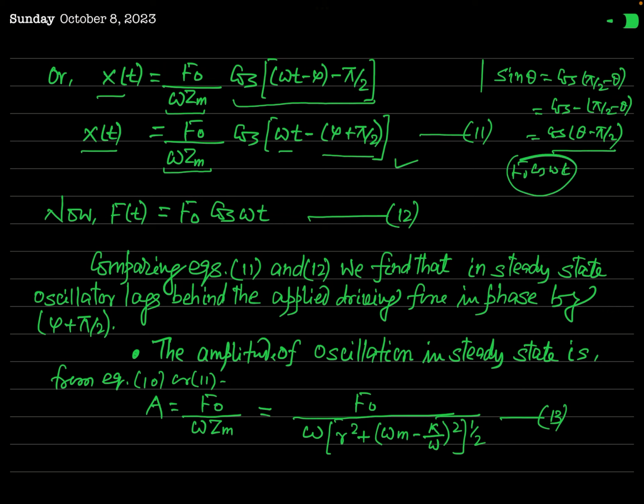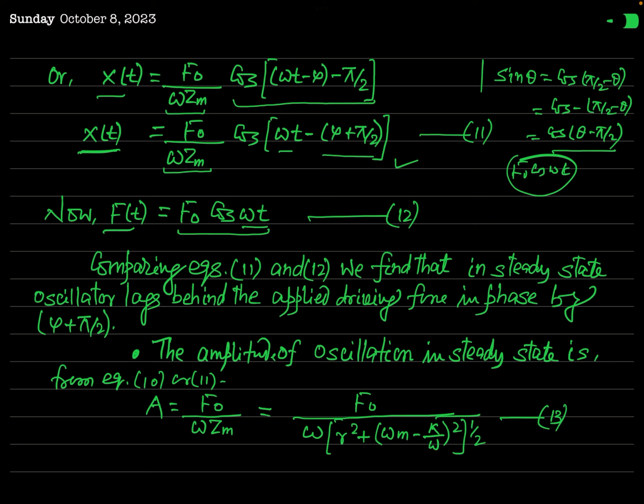Now see the phase factor of this x of t and the applied force. You know, the applied force in this case is f naught cos omega t. So at any time t, if I ask you what is the phase of the applied force, your answer will be omega t.